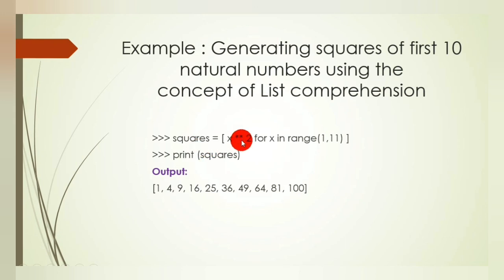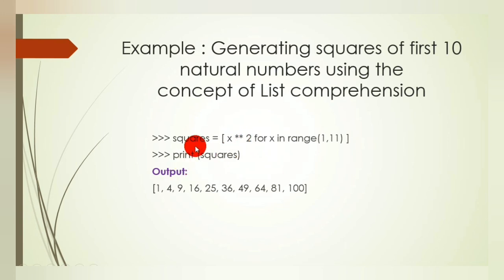So squares is equal to, within square brackets, x exponent operator 2 for x in range of 1, 11. This will be repeated again and again until the condition becomes false. And then print the squares.